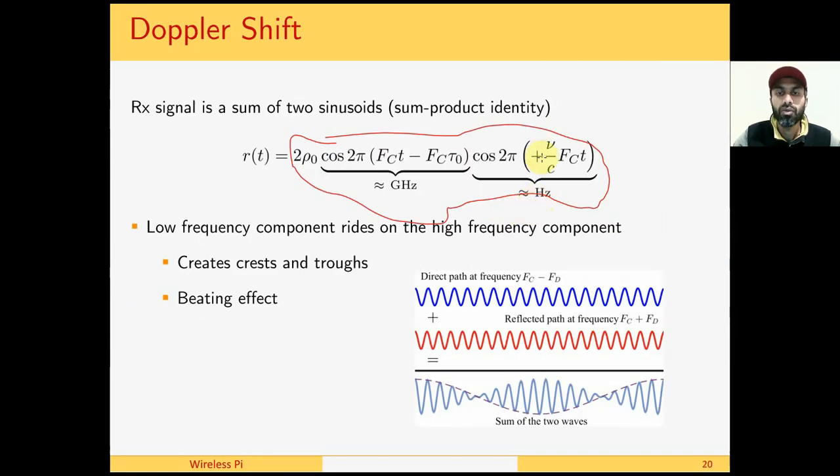So the low frequency component rides on the high frequency component and creates crests and troughs, just like a beating effect of two waves. So as an example, this is the direct path at frequency fc minus ft. This is the reflected path at frequency fc plus ft. And we can see a slowly varying envelope that is riding on the carrier wave now. This is the envelope that actually drowns the signal.